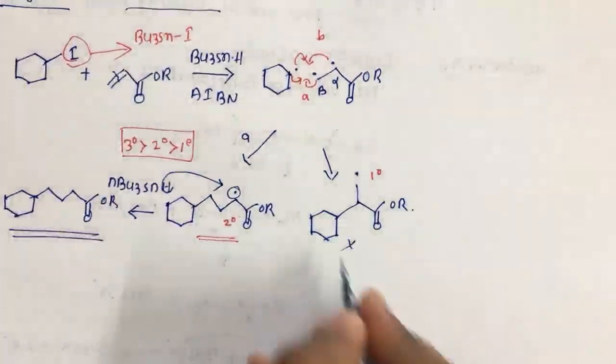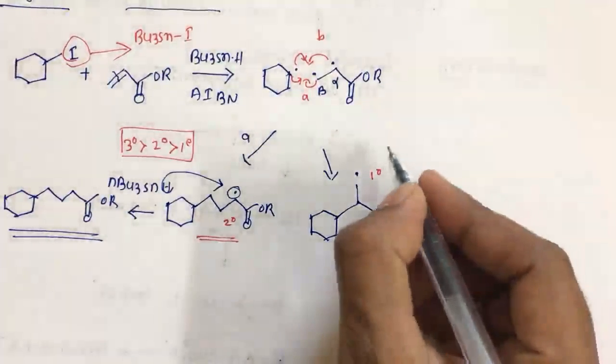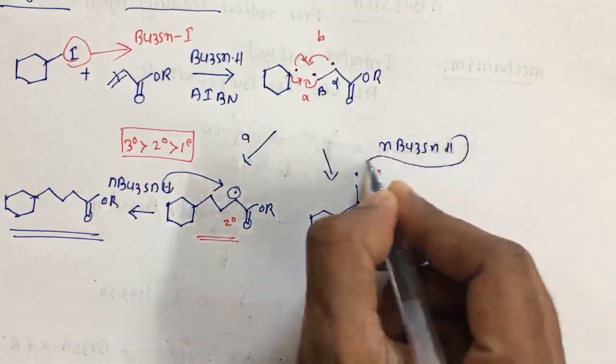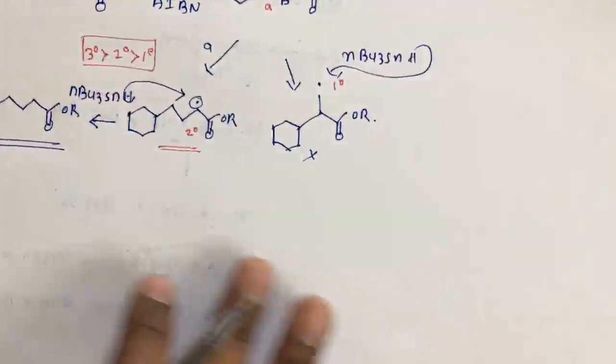And this is not stable, so we need not discuss its mechanism. Here also Bu3SnH comes, hydrogen goes here, so we'll get a methyl group there. So this is one example.